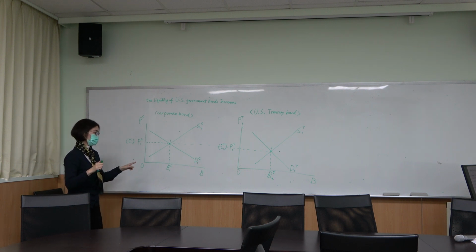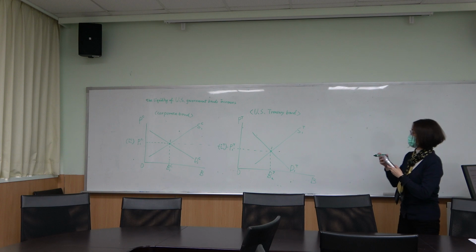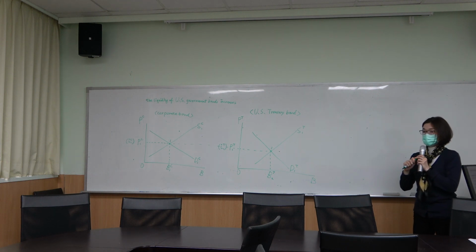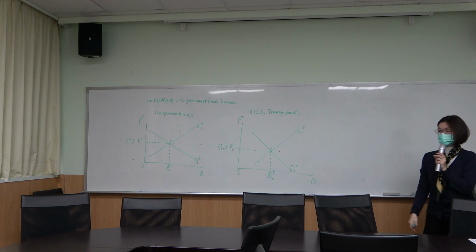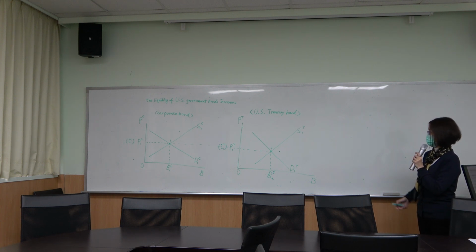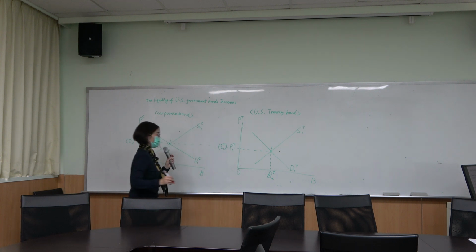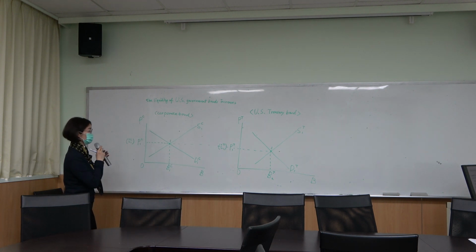So if we assume that the liquidity of the US government bonds increases, which means that now the US Treasury bond has a higher ease to be converted from the bond to cash, that will attract more investors to invest in the Treasury bond.